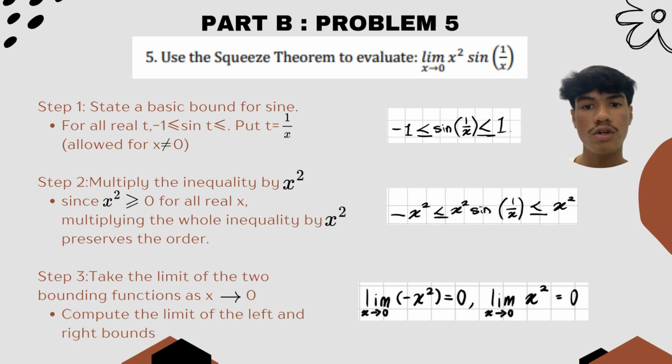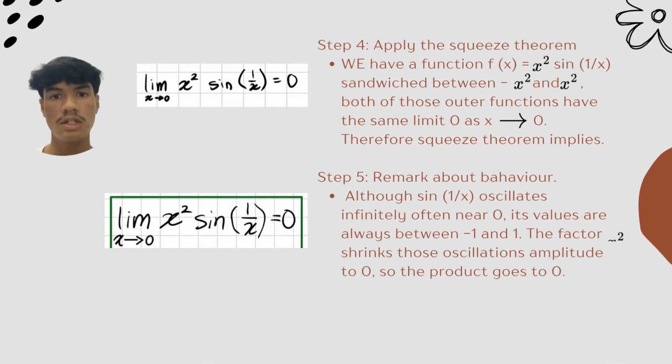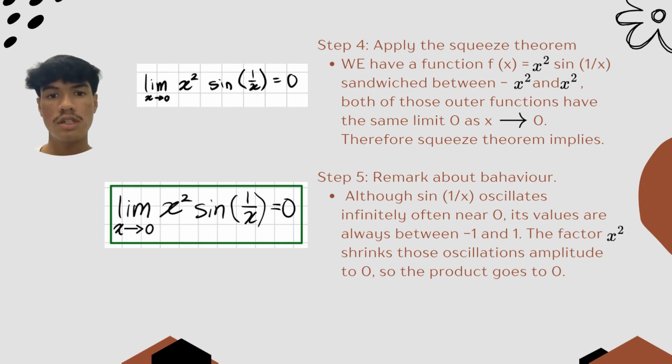Now take the limit of the left and right sides as x goes to 0. Both negative x squared and x squared approach 0. Step 4, apply the squeeze theorem. Because x squared sin(1 over x) is trapped between two functions that both go to 0, we conclude the limit as x goes to 0 of x squared sin(1 over x) equals 0.